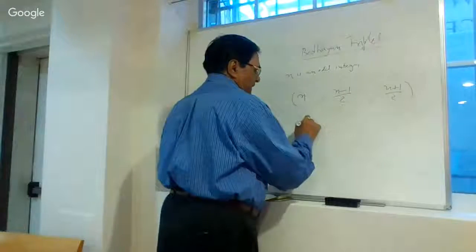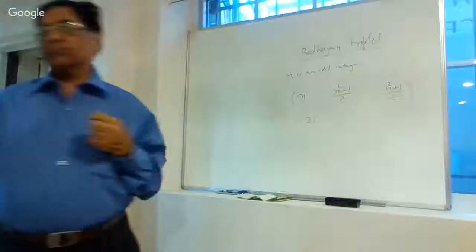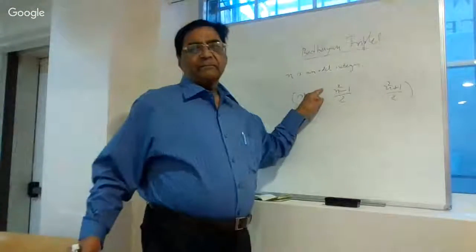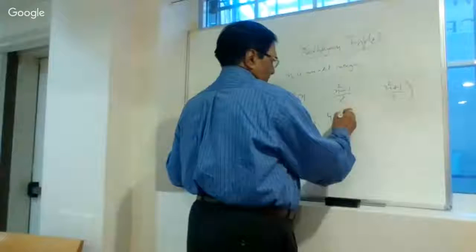Suppose n is 3. Sorry, n square: 9 minus 1 is 8, so 4, and 5.